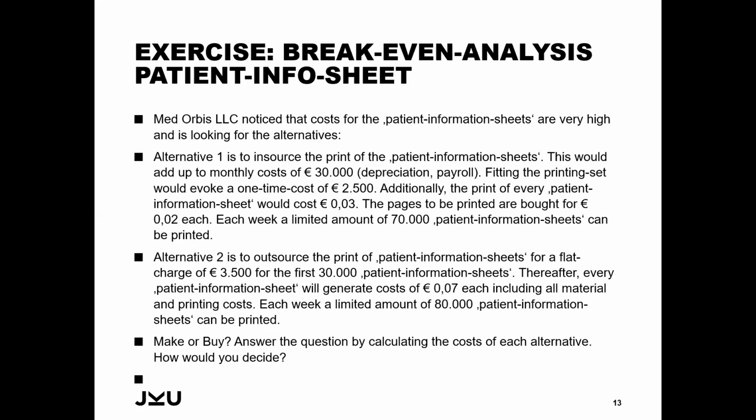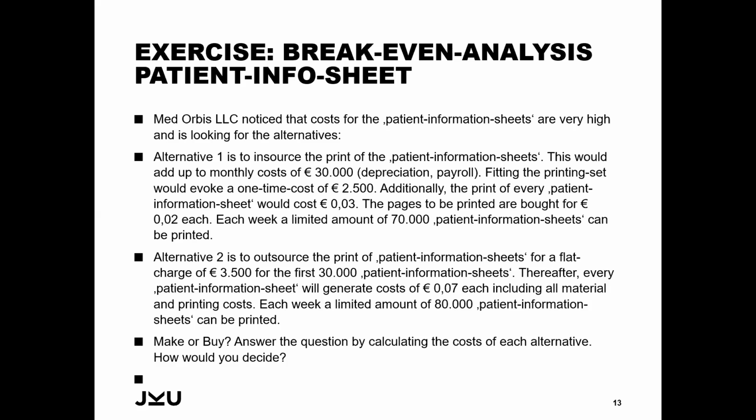Or we could also say, at what point do we break even? At what point, how many patient information sheets do we have to print to break even, so that it's actually the same price as alternative 2, where it doesn't matter?